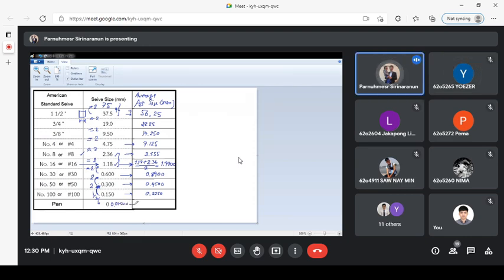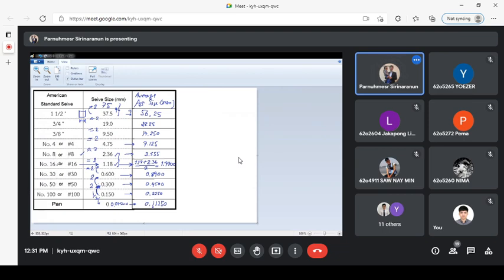Then the aggregate retained on this pan, the average aggregate size should be what? It is 0.1125. Okay, 0.1125, because it begins with number 1. Clear? So significant figures should be used more than for the other numbers.